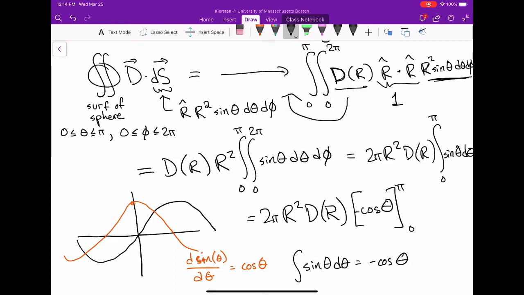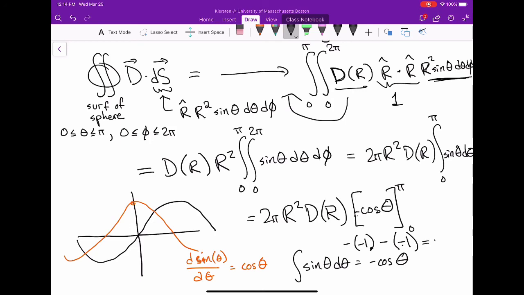When I evaluate that, I'm going to get minus 1 minus 1, because this minus sign gets applied to both of them, and I have to subtract the two bounds, and then this minus sign is that minus sign, but cosine of 0 is positive 1 and cosine of pi is negative 1.